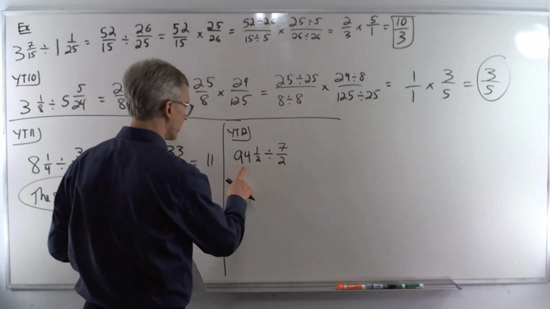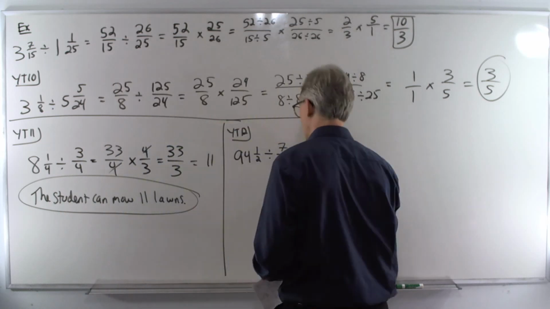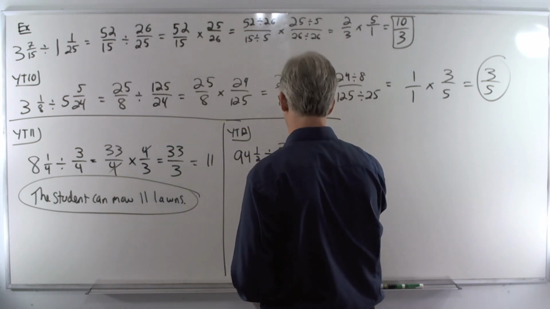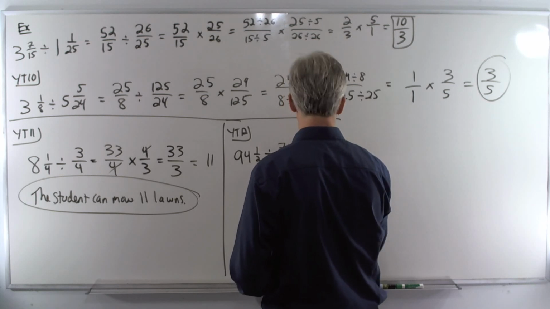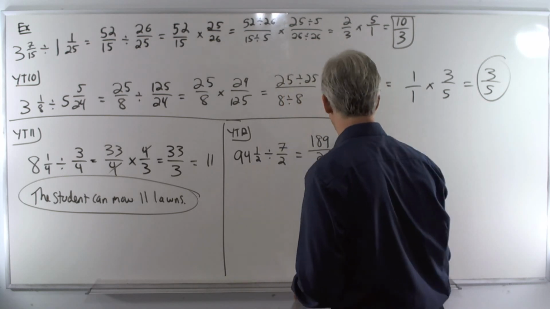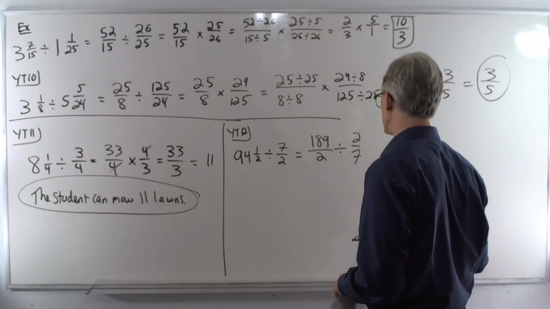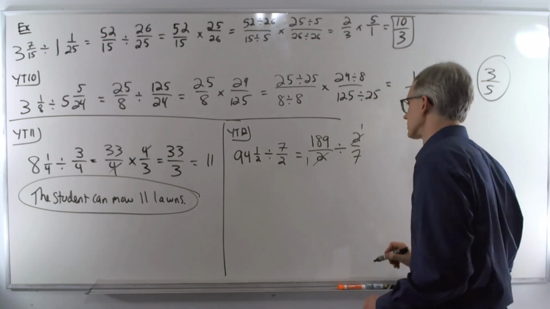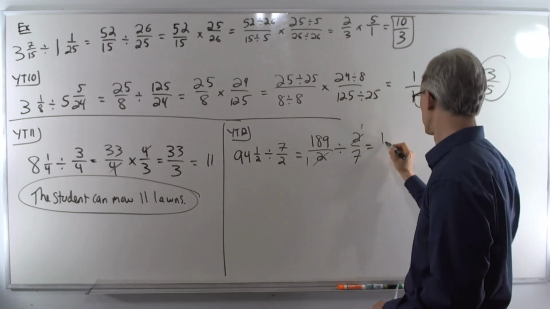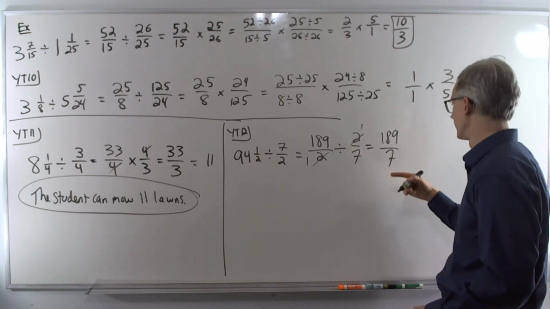Now we'll convert this one, so 94 times 2 gives us 188 plus 1, 189. So that's 189 halves divided by, flip that over, 2 sevenths. Now the 2's will cancel, turning into 1's, and so that gives us 189 over 7. So that's how many boards can fit.